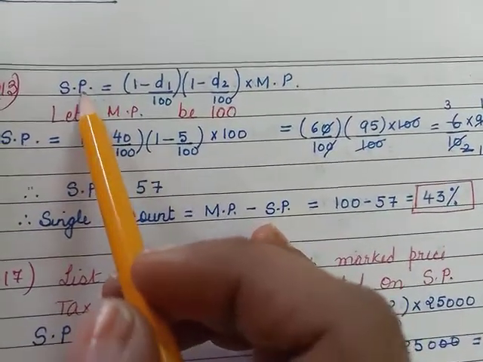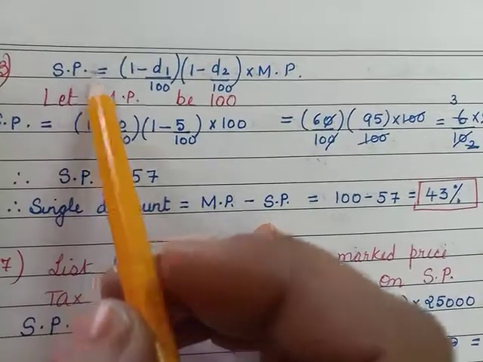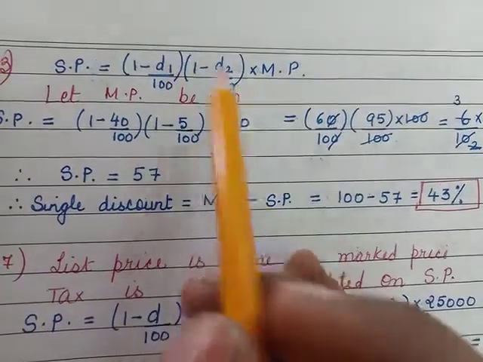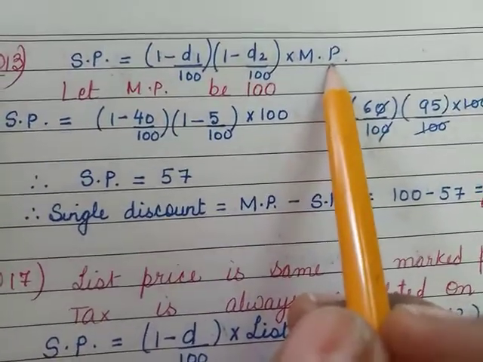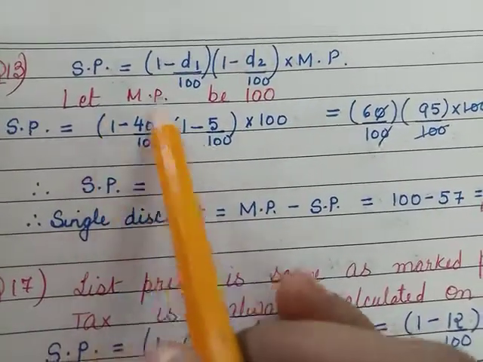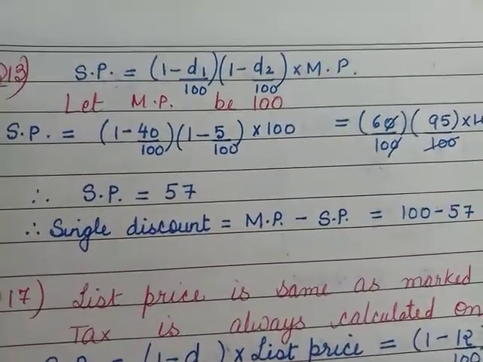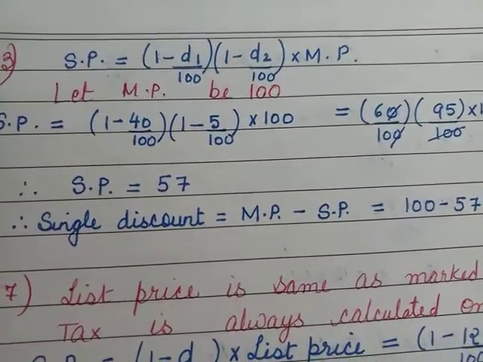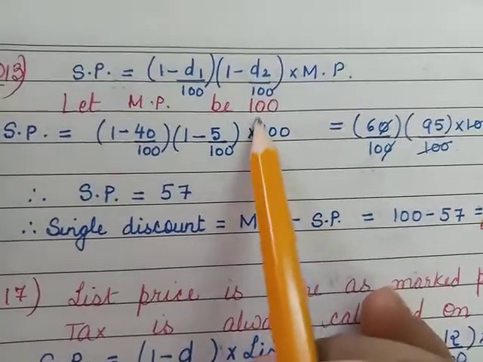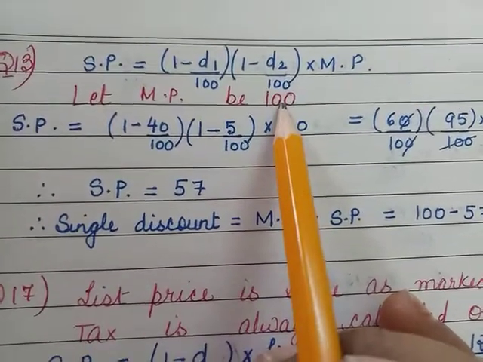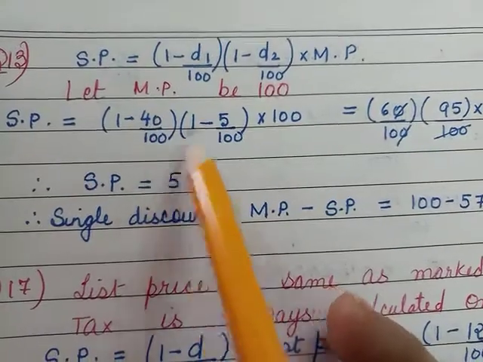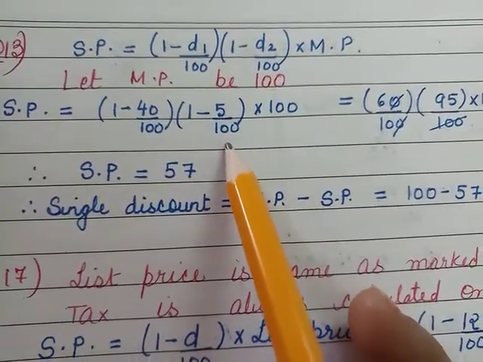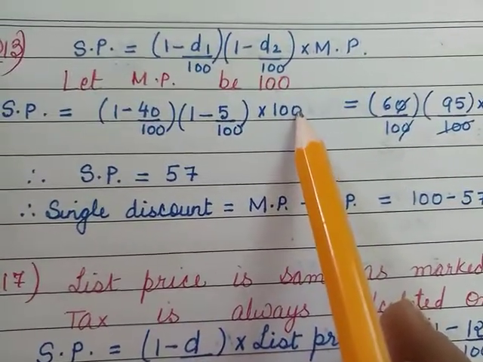So we apply the formula. Selling price is equal to 1 minus first discount, 1 minus second discount, into mark price. I let MP be 100, as we are looking only for the discount percent, so no need of letting it be X. Let it be 100. So the first discount is 40%, another discount is 5%, into mark price, that is 100.